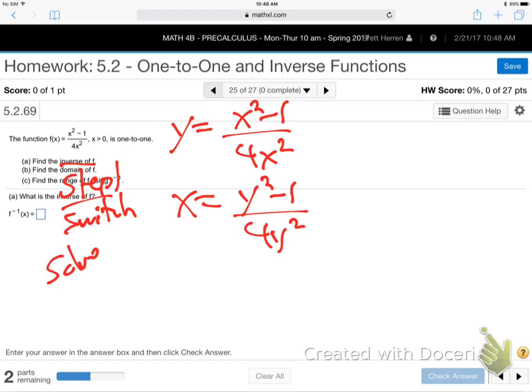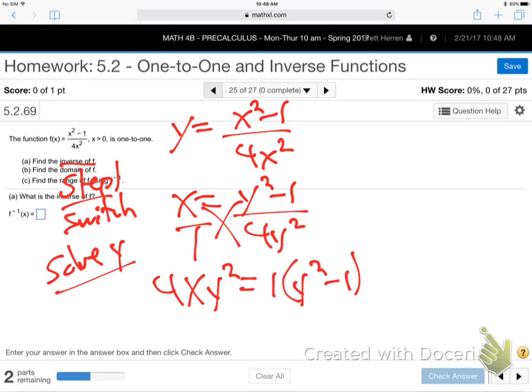Now you want to solve for y. That's step 2. Let's put this over 1, diagonal, diagonal. 4x y squared, 1 times y squared minus 1, which does nothing. Everybody good to there so far? Right, so I just put it over 1, cross multiply.